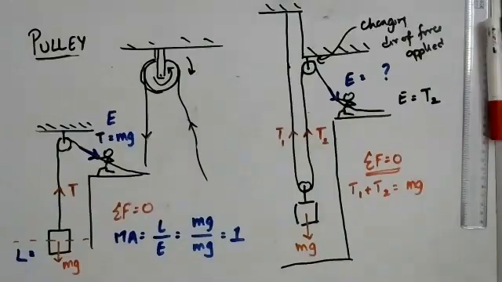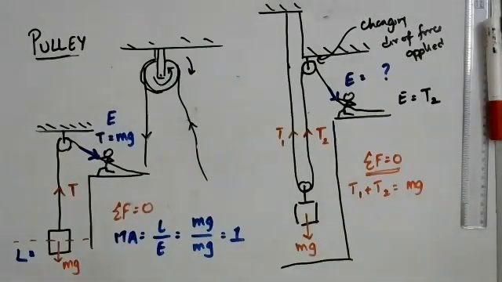Yeah, so okay, that could be one argument, that since both ropes are parallel to one another, then when you hang something by those two ropes, naturally the tension in T1 and T2, they being vectors, would add up to be equal to mg.